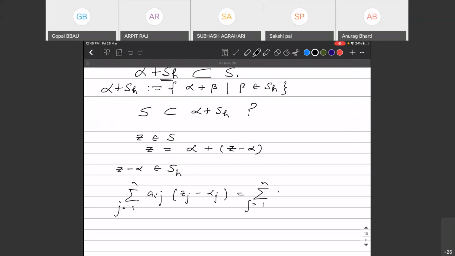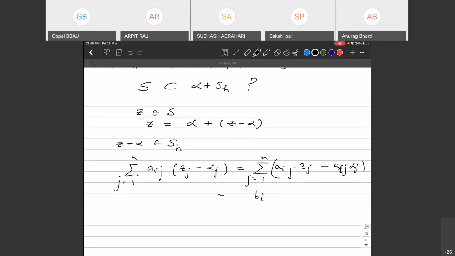Summation j 1 to n aij zj माइनस aij अल्फा j. जो पहला पार्ट आएगा वो bi आएगा क्योंकि z एक सॉल्यूशन था नॉन होमोजेनियस का, और अल्फा भी एक सॉल्यूशन है नॉन होमोजेनियस का, सो दिस इज माइनस bi, सो आई विल गेट 0, करेक्ट? Correct. So this means z minus alpha is a solution of the homogeneous system. So this means z minus alpha belongs to SH, correct?